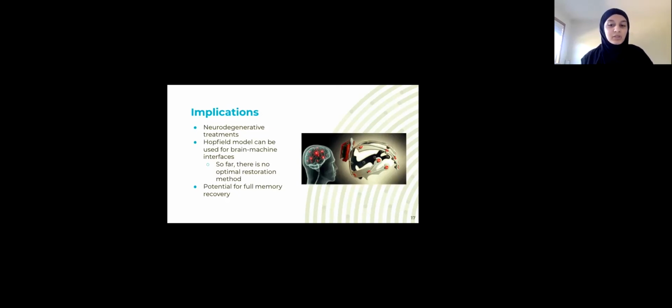The Hopfield model can be used to simulate the effect brain-machine interfaces can have on brain-like circuits, and then to determine the ability of the brain-machine interfaces to aid in memory retrieval. So far, there's no optimal memory restoration method. By training the data and memory retrieval synchronously while qualifying connectivity, rate of memory improvement, among other parameters, the potential for full memory recovery is achievable.